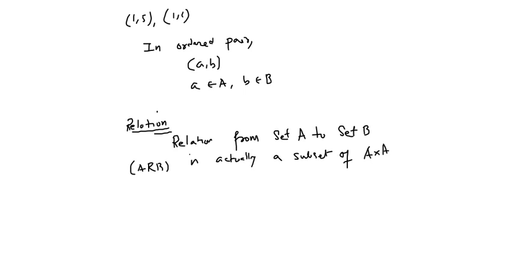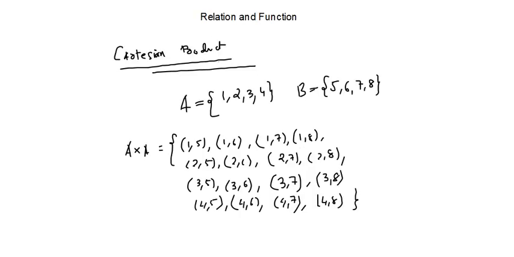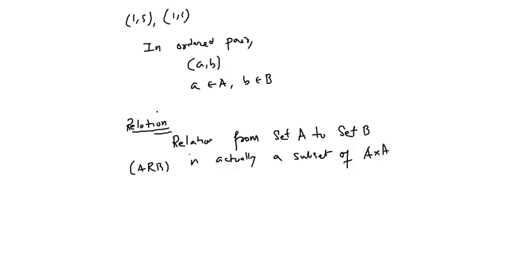Let us take an example. For example, let R be any relation such that the ordered pair (a, b) of this relation A cross B is such that a and b are even.